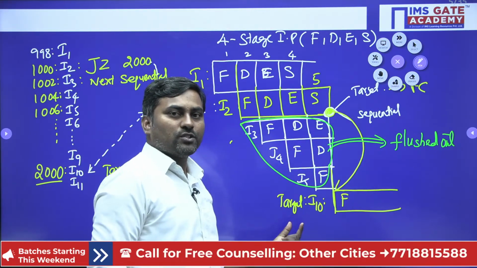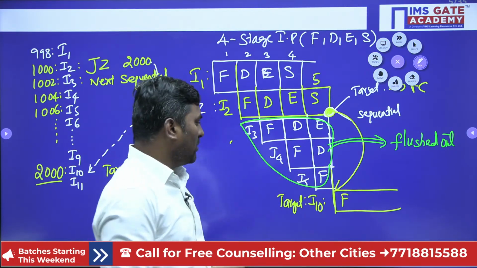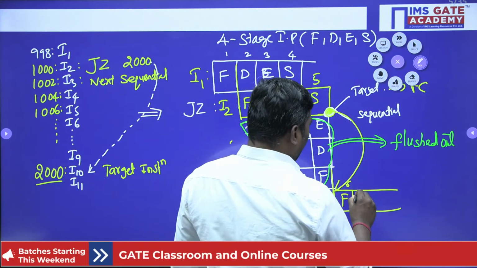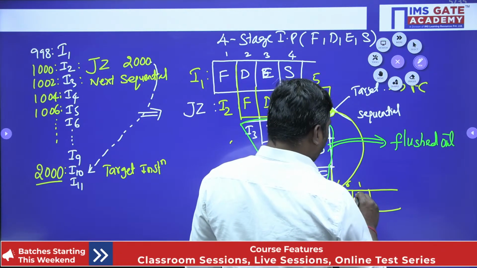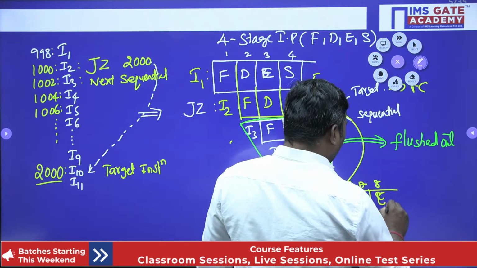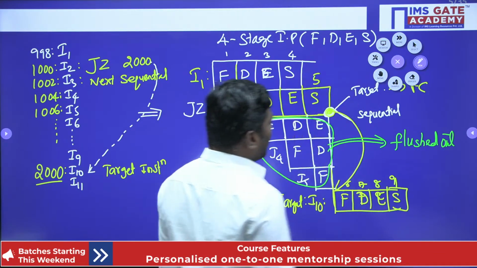Which is the fresh instruction? The target, because the branch is satisfied, you execute only this. So fetch at the 6th clock, decode at the 7th clock, execute at the 8th clock, and store at the 9th clock. This is what happened.